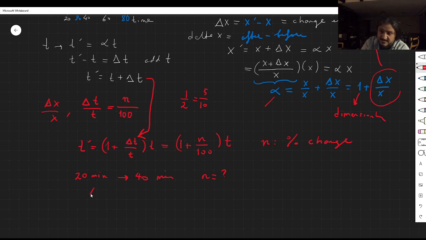Delta t is 20 minutes, which is 40 minus 20. So this 20 divided by t, which was also 20, write it as a ratio where you have 100 as a denominator. And of course, the numerator is 100. So n is 100. Okay, 100% increase.